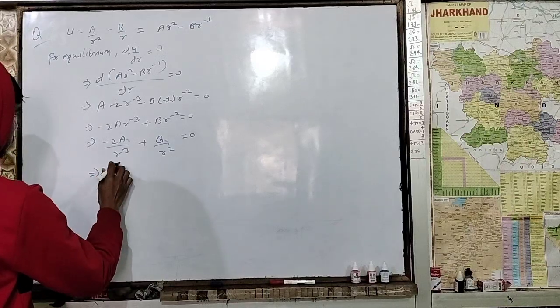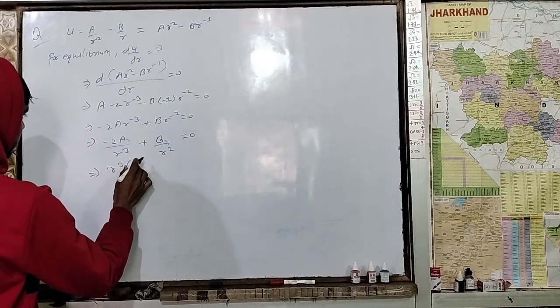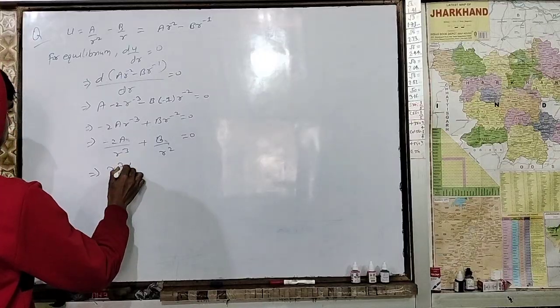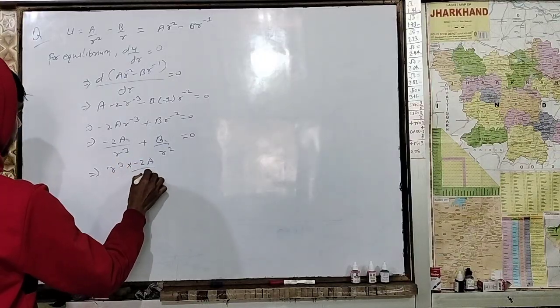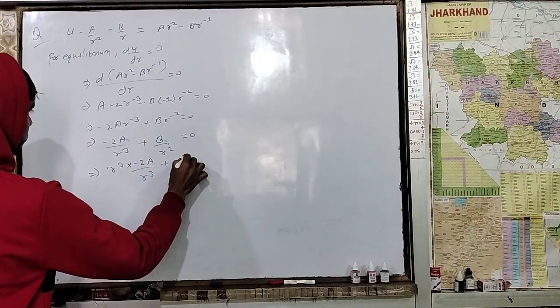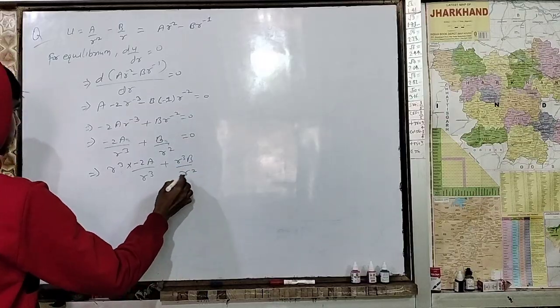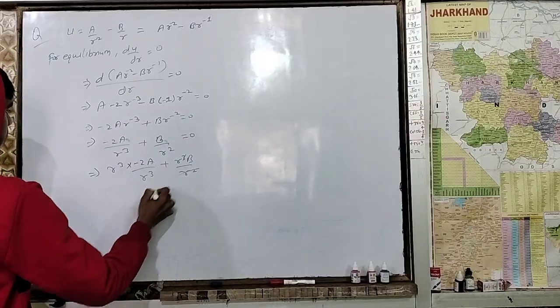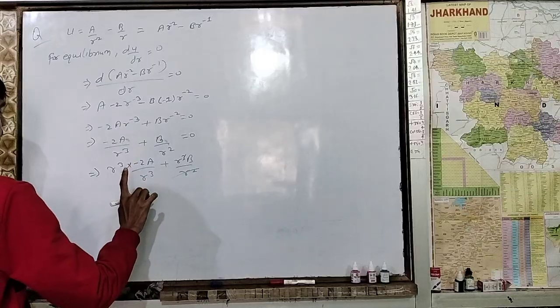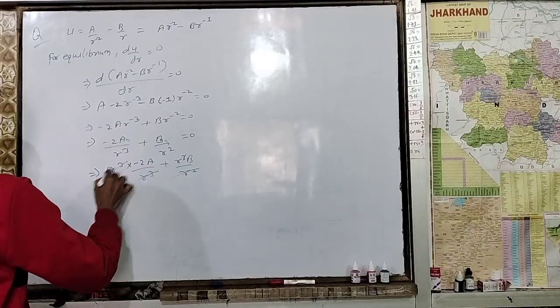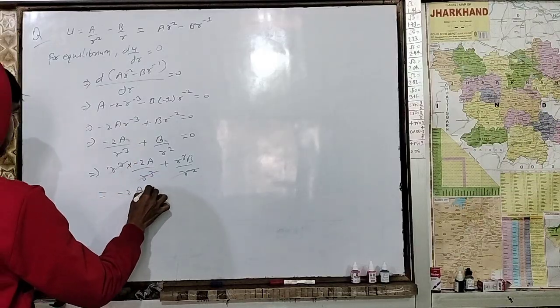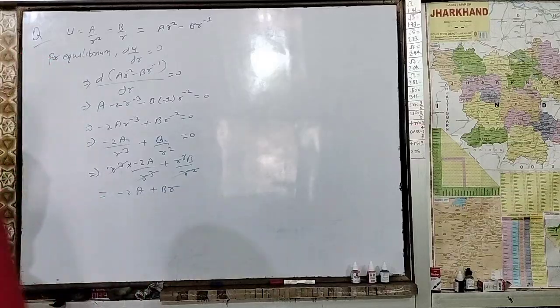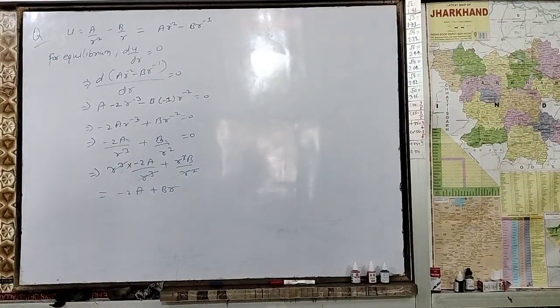What will happen? −2A/R³ plus B/R². This will cancel completely, and one R will be left over here. So −2A + BR. We just multiplied both fractions by R raised to power 3, and we got a value of R.